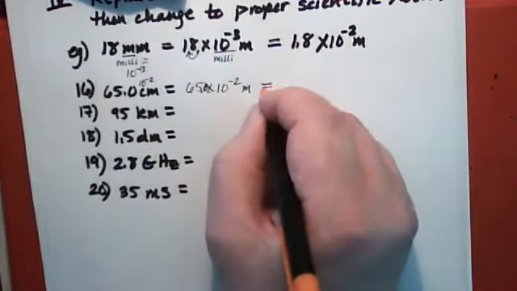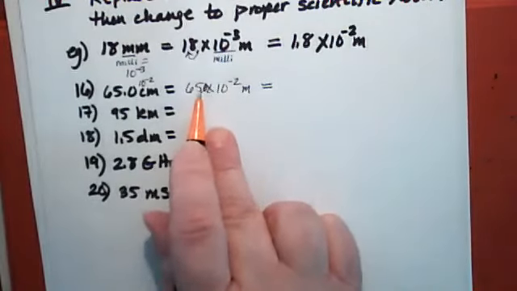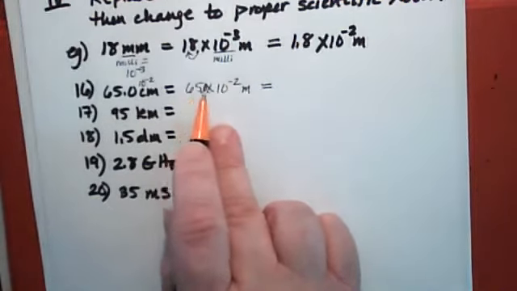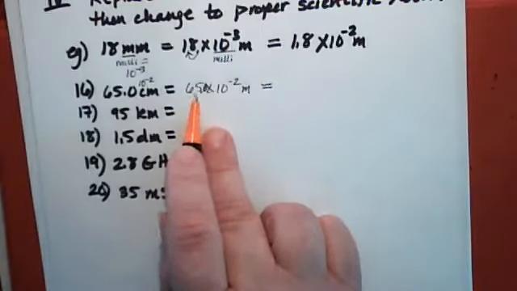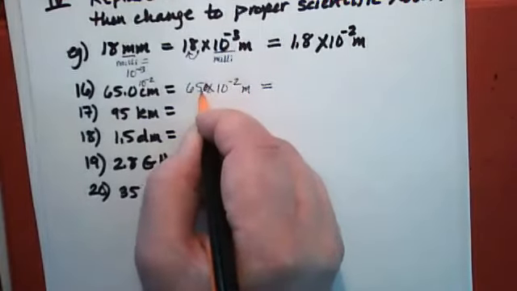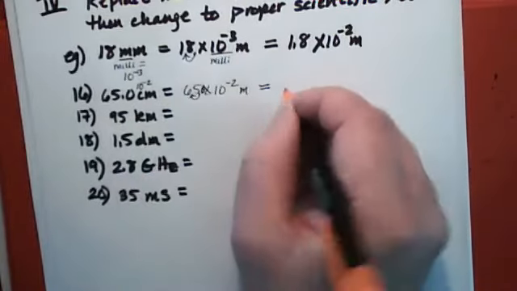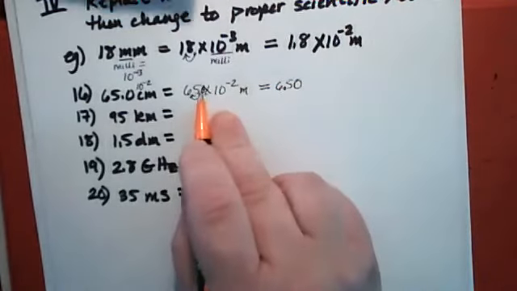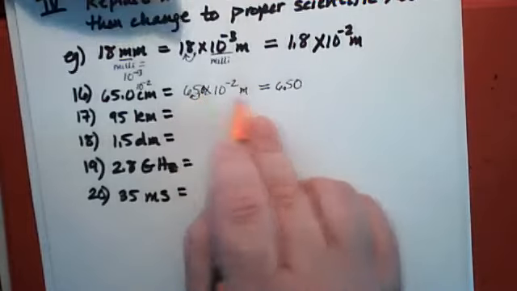Now the question is whether that's proper scientific notation or not. And actually it's not, because as you'll notice, this first number here is 65. That's not between 1 and 10. So we have to move the decimal point in a direction that makes the number between 1 and 10, which makes it 6.50. Remember, you have to keep that 0 at the end because it is significant.